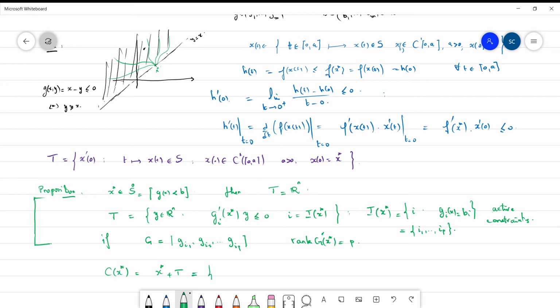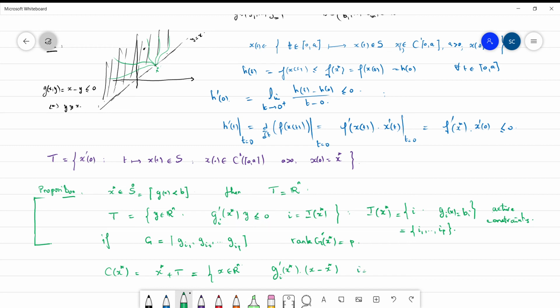So it will be the set of x in Rn, where x is x star plus y, so y will be x minus x star, such that g_i prime x star times (x minus x star) is less than 0. So yes, you can write it like that.